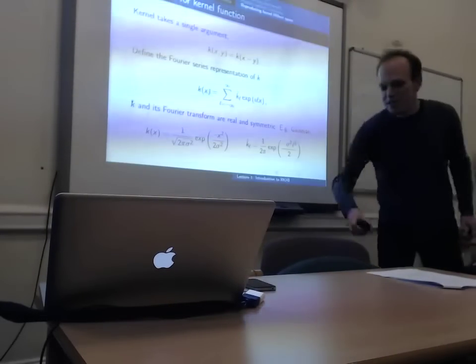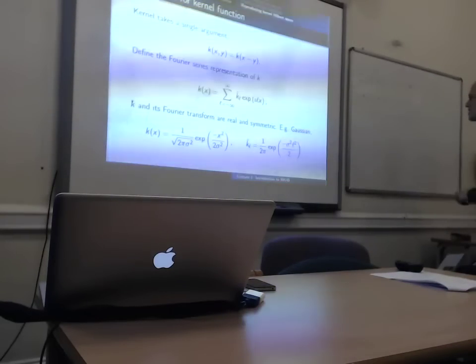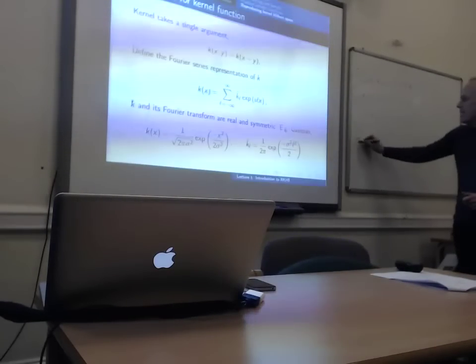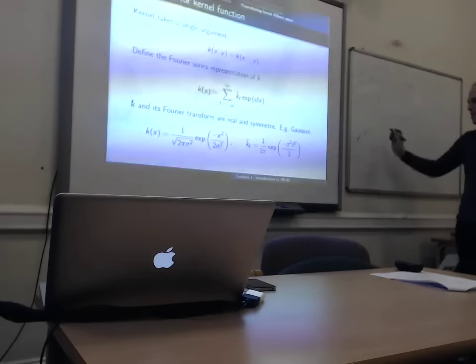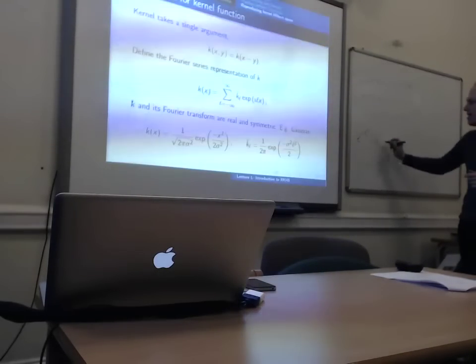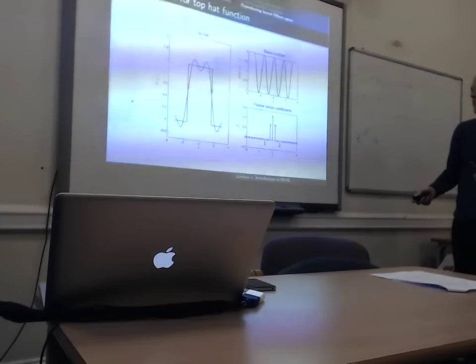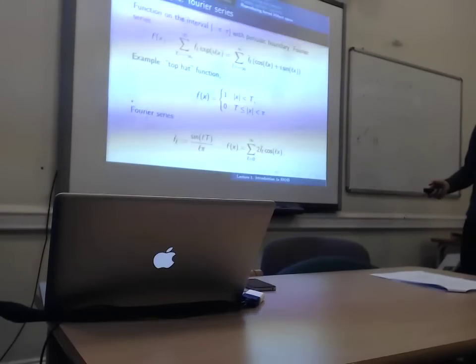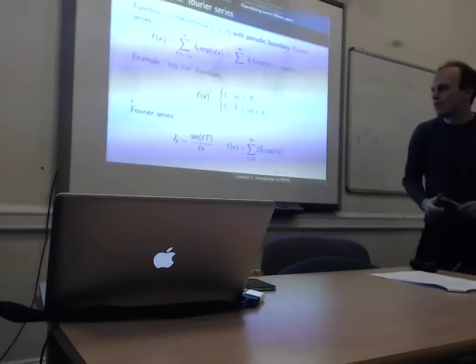So here are the coefficients for the Gaussian, okay? The coefficients of the Gaussian are decaying as something like e to the minus L squared, with some other stuff, okay? So let's just say that's KL. So now let's go back a little bit. Here are the coefficients for the sinc function, okay?